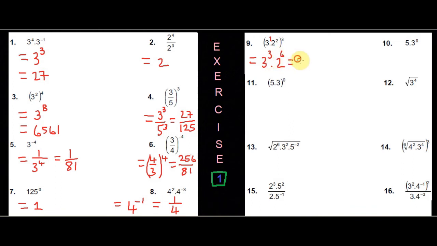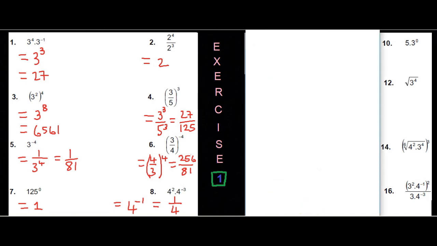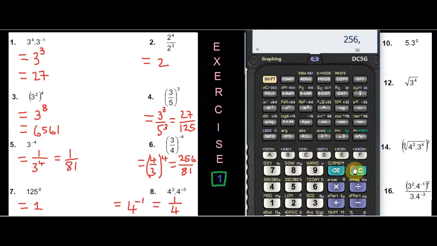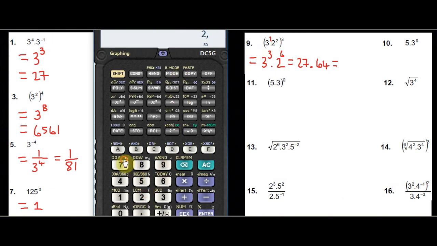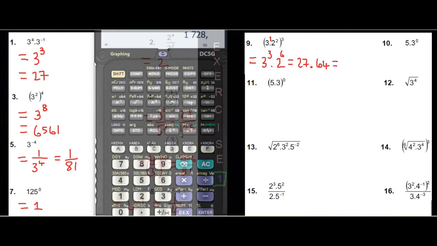And that's 27. 3 cubed is 27. 2 to the power 6 is 64. 1728.